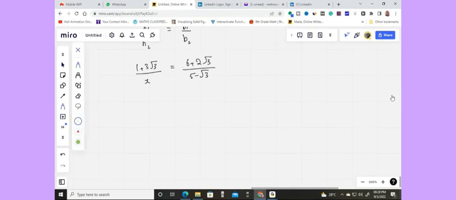Now I'm going to arrange this equation in such a way that I'm keeping my x as the subject. I move my x here, I move this number here, and this number over here. X is going to look something like this.